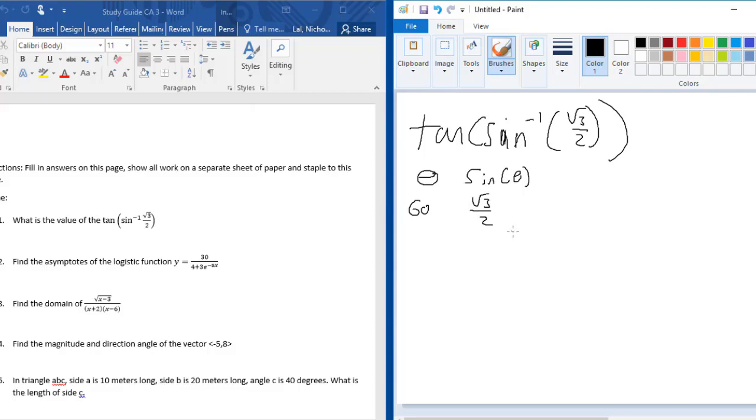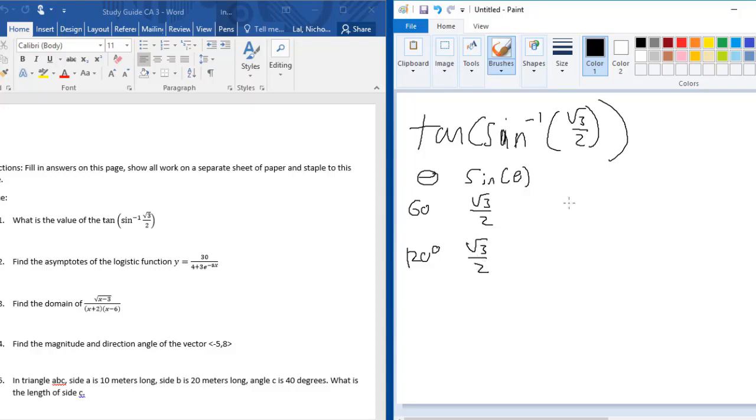That's one value. But we also know that there's a second trig value where the sine of theta is root 3 over 2, and that is at 120 degrees. That will also produce a sine value of root 3 over 2.